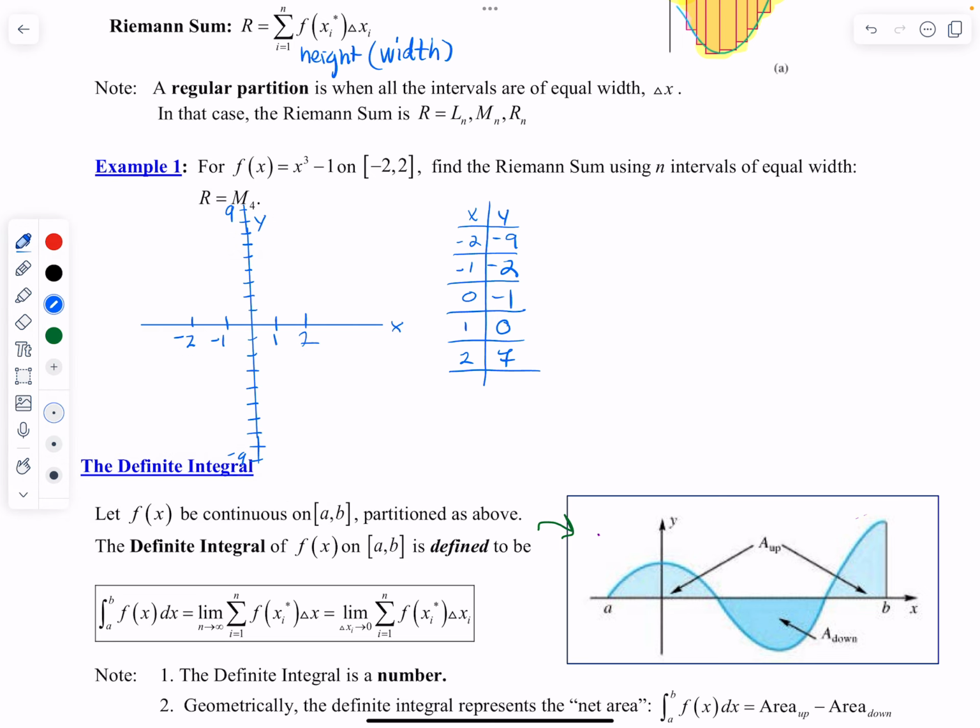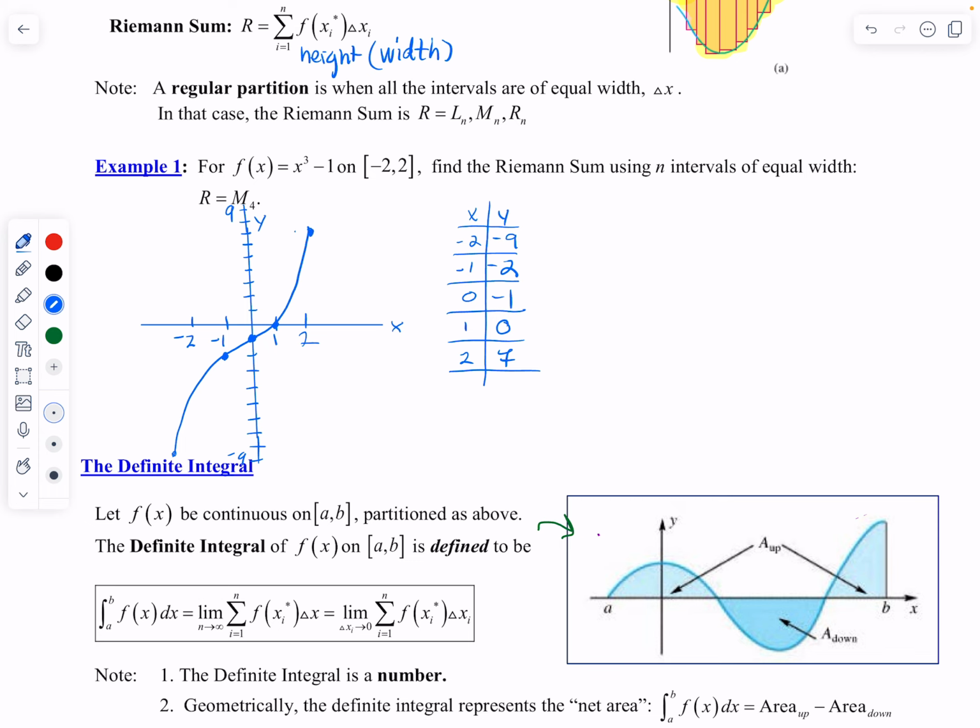Then I have (-1, -2), so it's going to be here. And then we have (0, -1), which makes sense because we basically take x cubed and move it down 1 unit. (1, 0), and then (2, 7). Okay, so basically I get this graph, and I have my function.